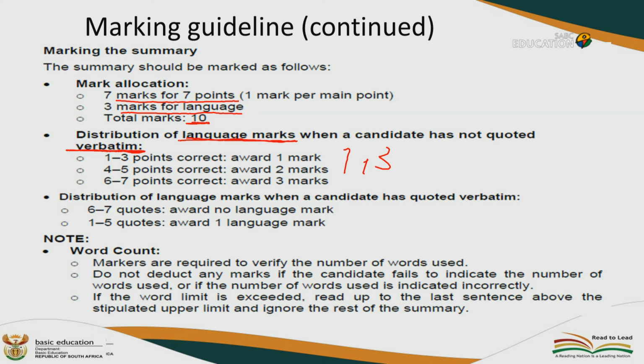It is the mark that you get for getting the correct points. If you have all the 7 points correct, whether they have mistakes, whether they have prepositions incorrect, or sentences that are not correct, as long as a point is correct, you deserve a mark from that 3.